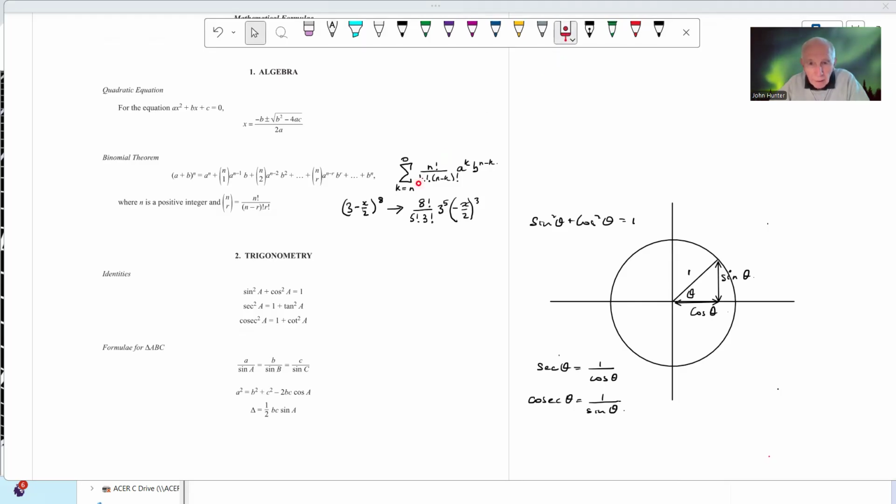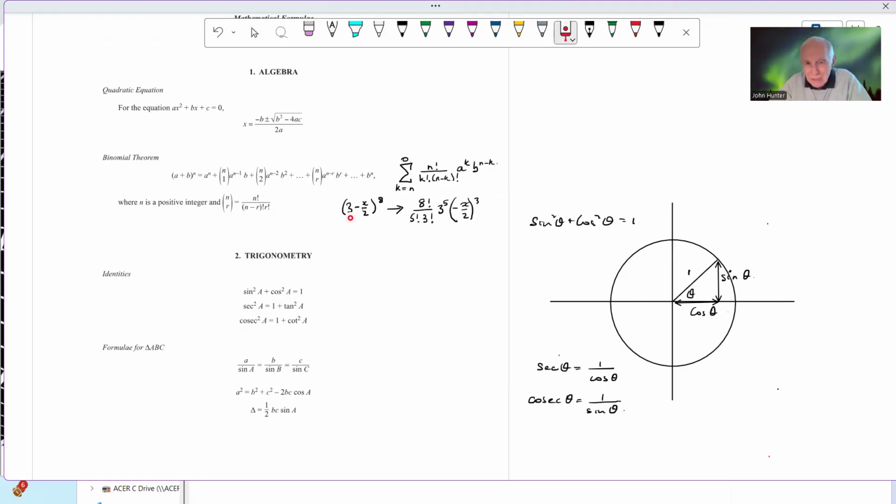I think this works quite well because all the terms are like this. By way of example, if we wanted to expand (3 minus x over 2) to the power of 8, say we wanted to strip out the term in x cubed.